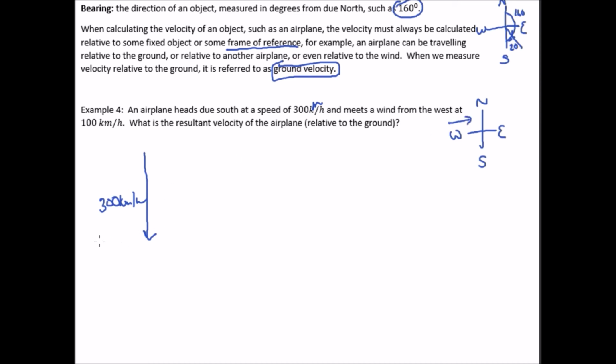This to me is really easy to do with the triangle rule, going tail to head and then tail to head again. What is the resultant velocity of the airplane relative to the ground?